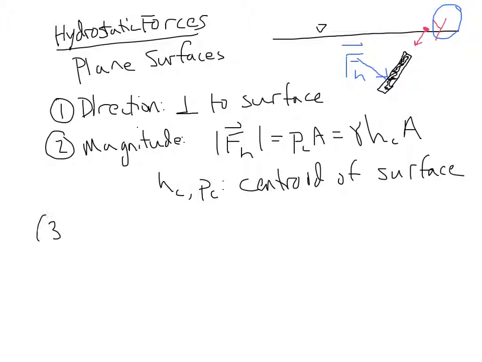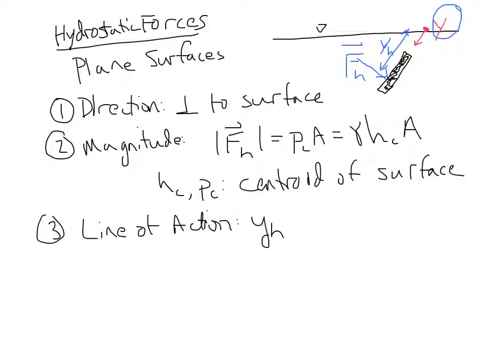Finally, the line of action. Line of action is the location that the force acts. And I'm going to define y sub h as the line of action. So here in this sketch, y_h would be this distance from the surface to where the force acts.